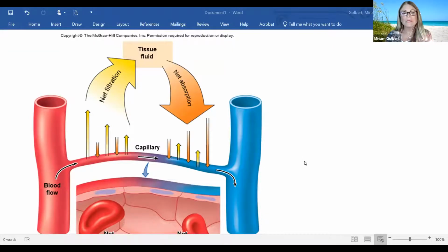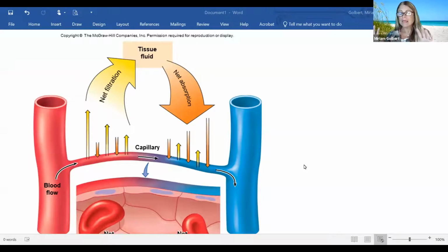So remember when I did my drawing on the whiteboard last week of the arterioles breaking apart or branching into capillaries, right? And then those are the ones bringing oxygen and nutrients to the tissues, the cells.